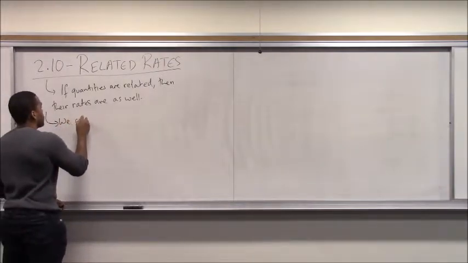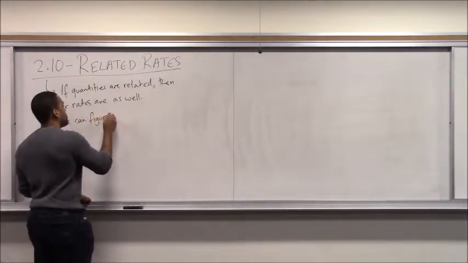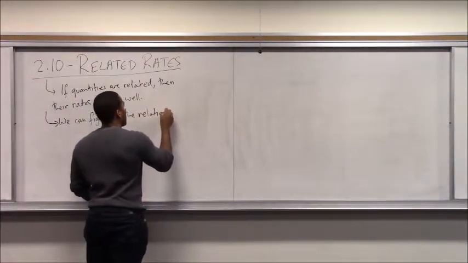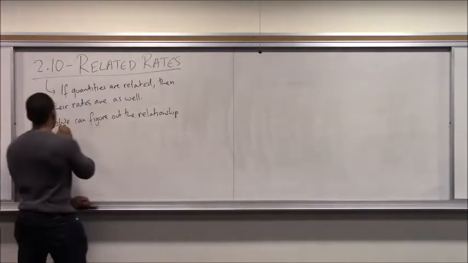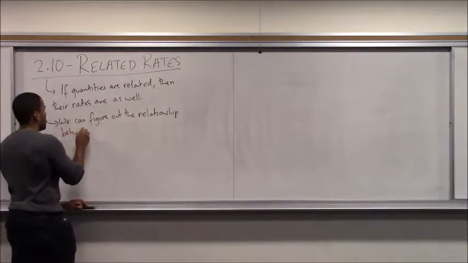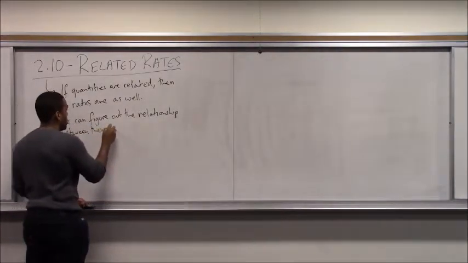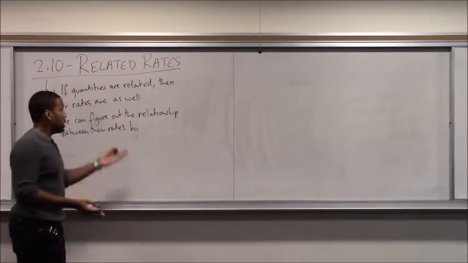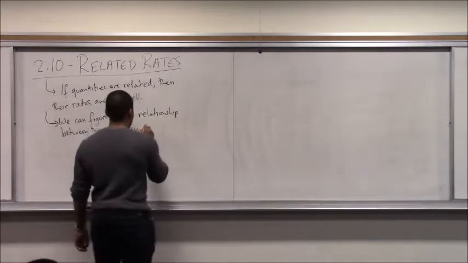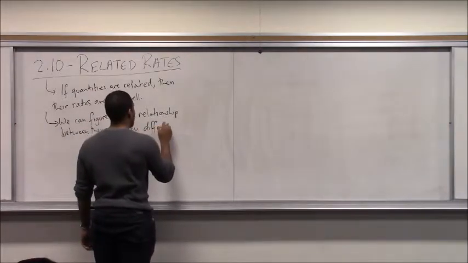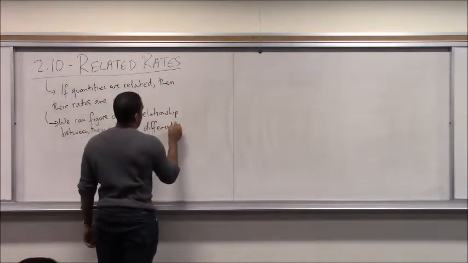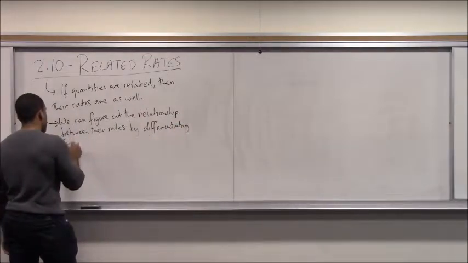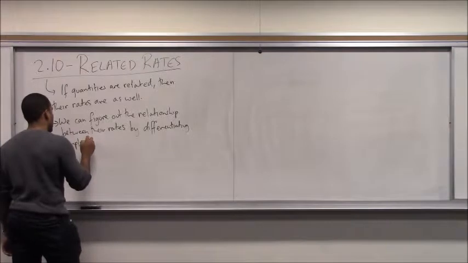We can figure out the relationship between the rates by just differentiating the original equation. It's going to be implicit differentiation, so hopefully you remember what that means.